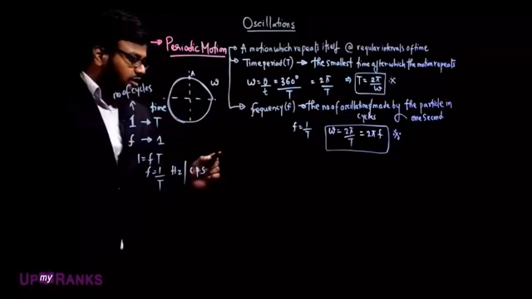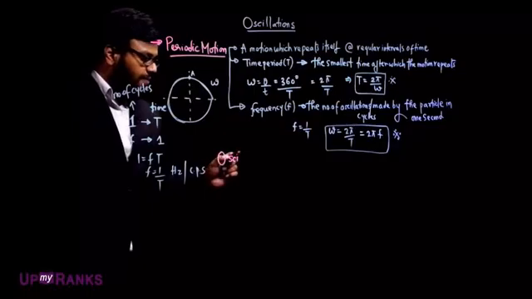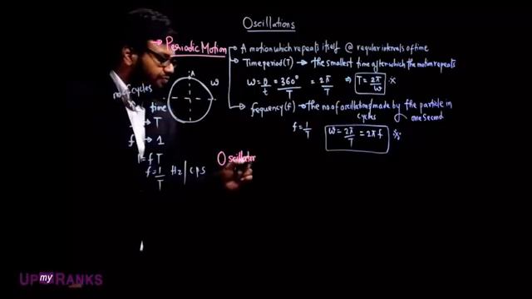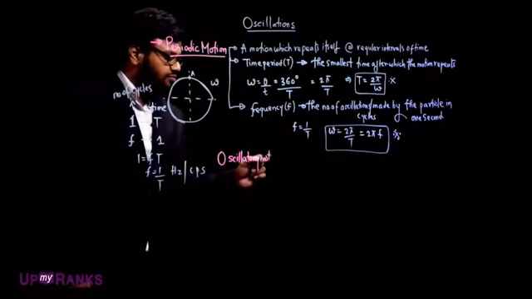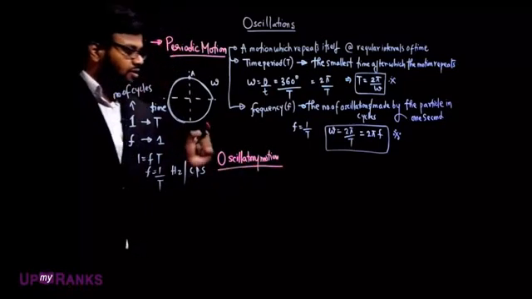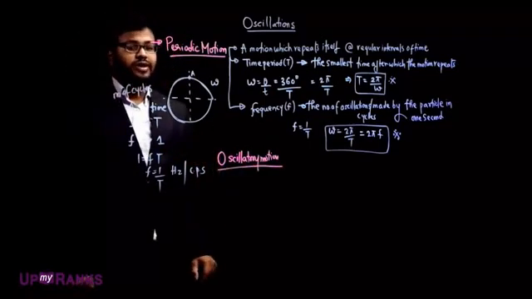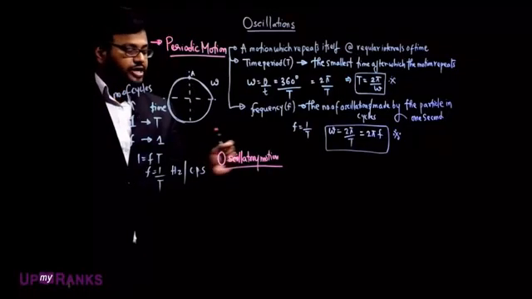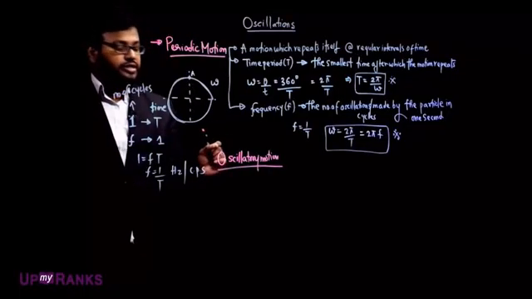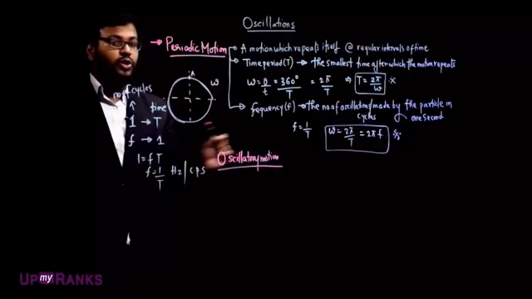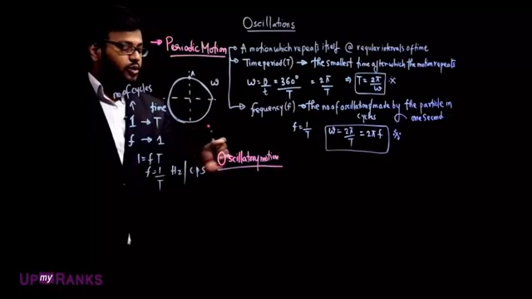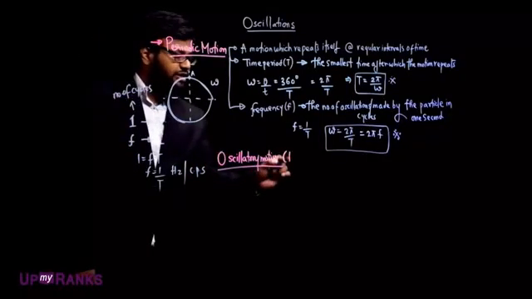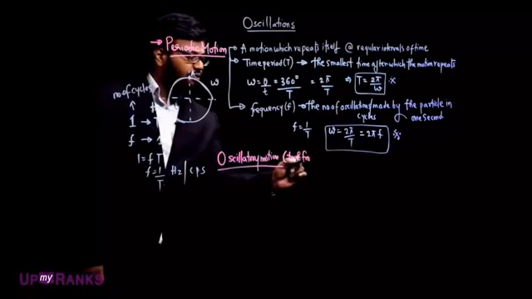Now, what is oscillatory motion? Oscillatory motion is also no doubt a periodic motion, but in this the particle will be oscillating about a fixed point. That is, our particle will be moving to and fro. It will be describing to and fro motion. So oscillatory motion is basically to and fro motion.